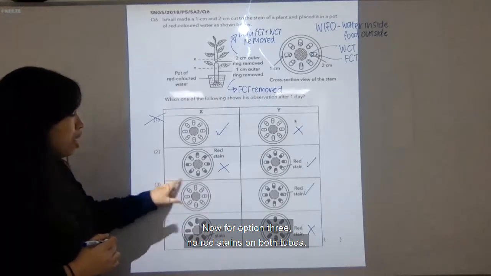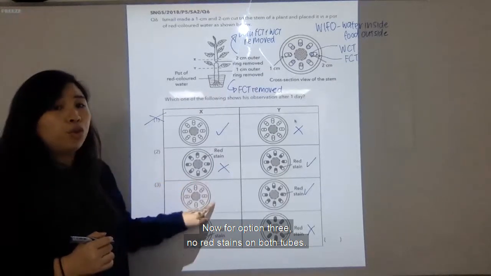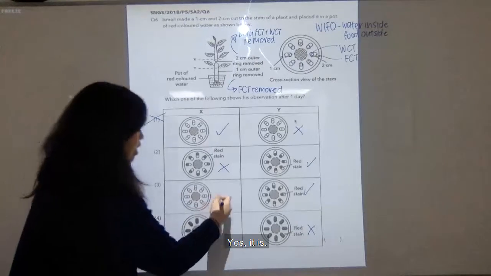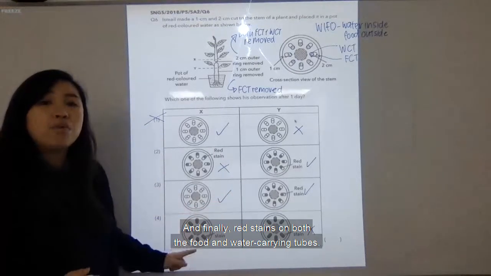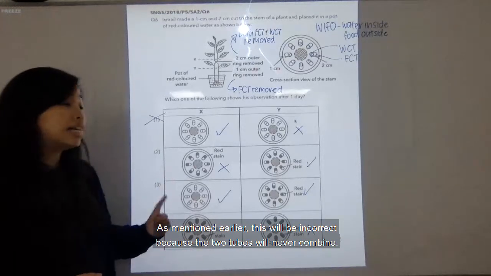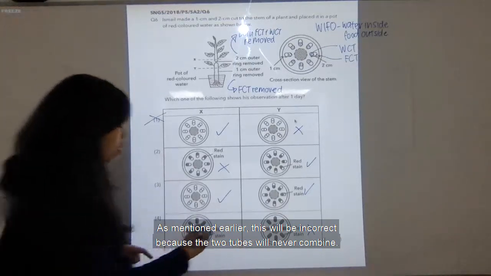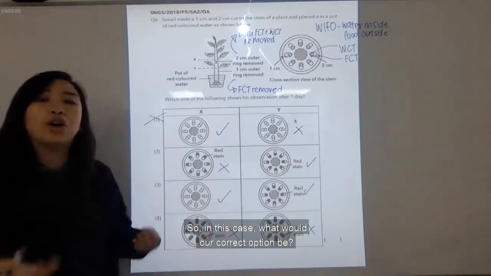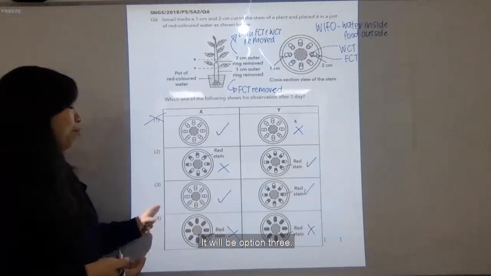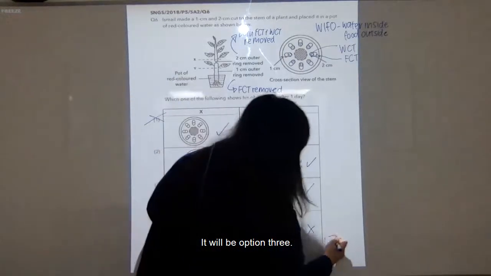Now for option 3, no red stains on both tubes. Is that what we're looking for? Yes, it is. And finally, red stains on both the food and water carrying tube. As mentioned earlier, this would be incorrect because the 2 tubes will never combine. So in this case, what would our correct option be? It will be option 3.